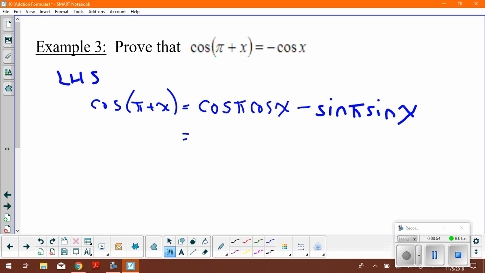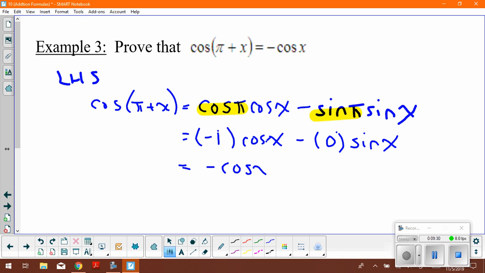Now, fortunately for us here, cos pi and sine pi are things we can actually just look up on the unit circle, and I don't have to leave them there. So if we look up cosine of pi on the unit circle, it is negative 1 times cos of x. And if we look up the sine of pi on the unit circle, sine of pi is equal to 0 times sine x. Okay, negative 1 times cos x is negative cos x, and 0 times sine x goes away, and we're basically done, right-hand side.